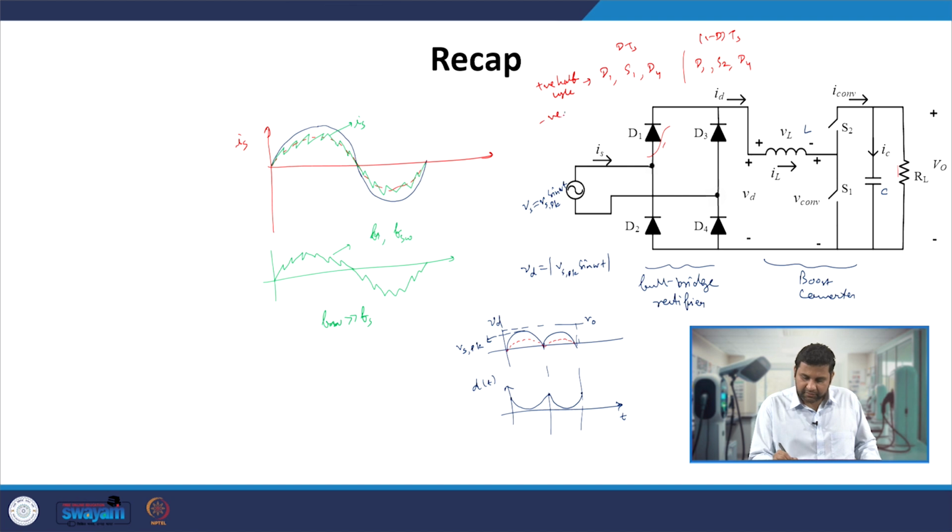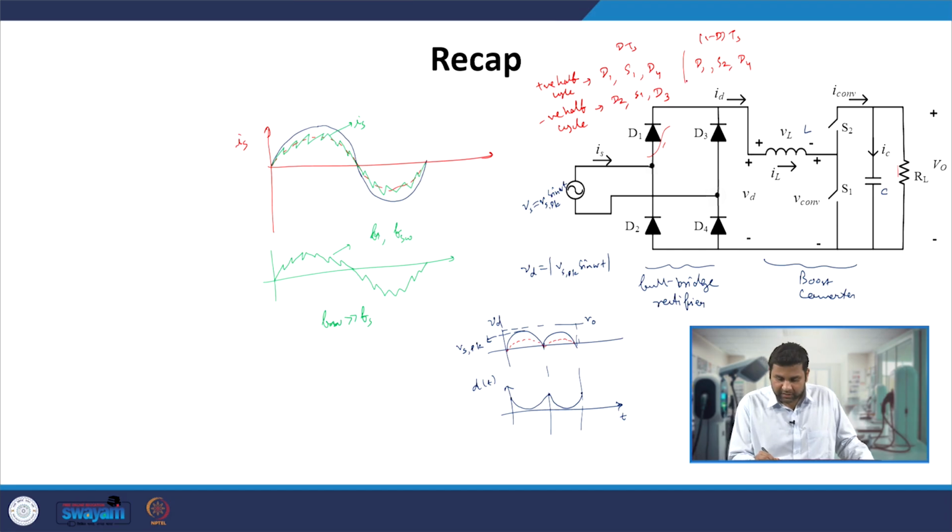However, in the negative half cycle, that means when the AC input voltage Vs is in negative half cycle or having a negative value, what we have seen is that D2 is in conduction. During the DTs period S1 is conducting and then D3 is conducting.